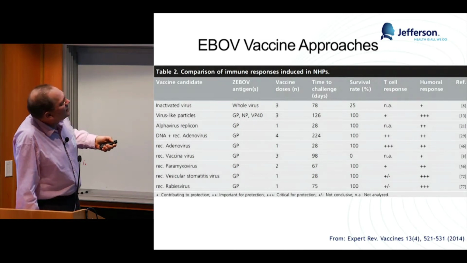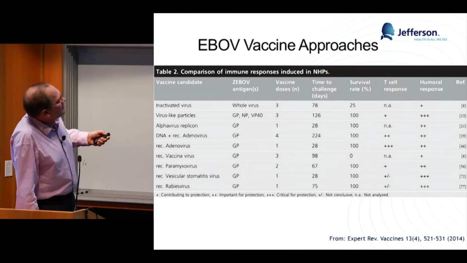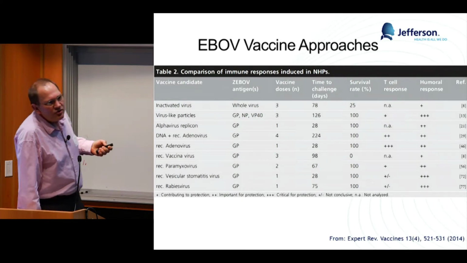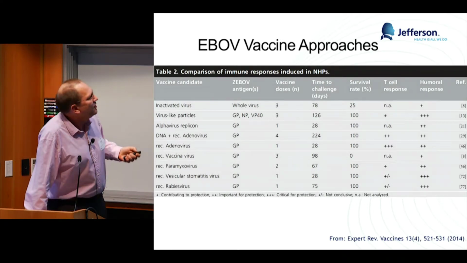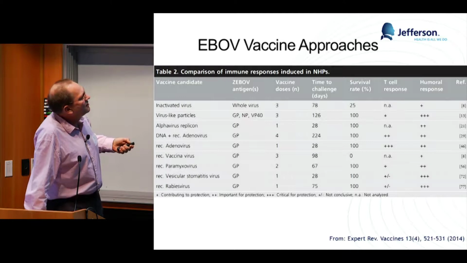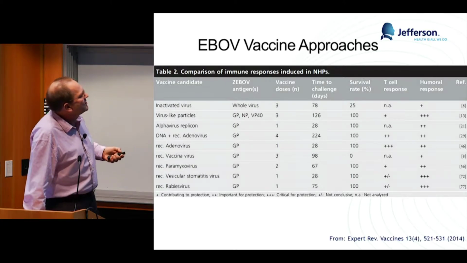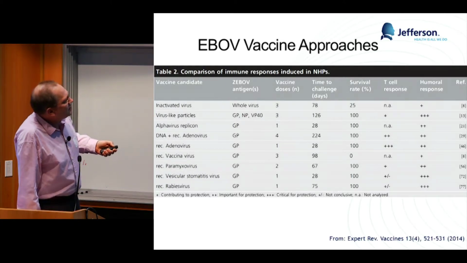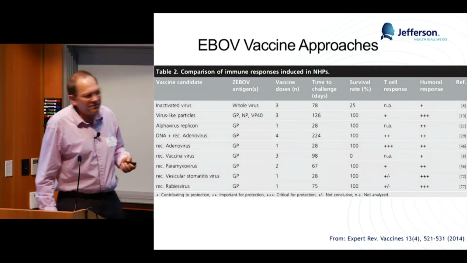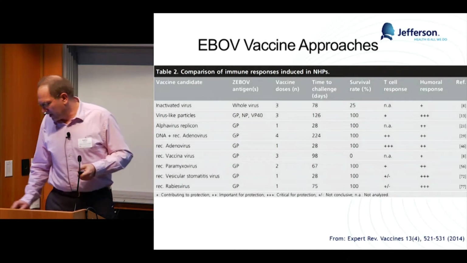Vaccinia virus actually didn't work at all, but there's a paramyxovirus, human cold viruses mostly, which are used and work well. There certainly is a concern about pre-existing immunity. VSV works well, and there the rabies virus, which I will spend some time now to talk about our vaccine approach.